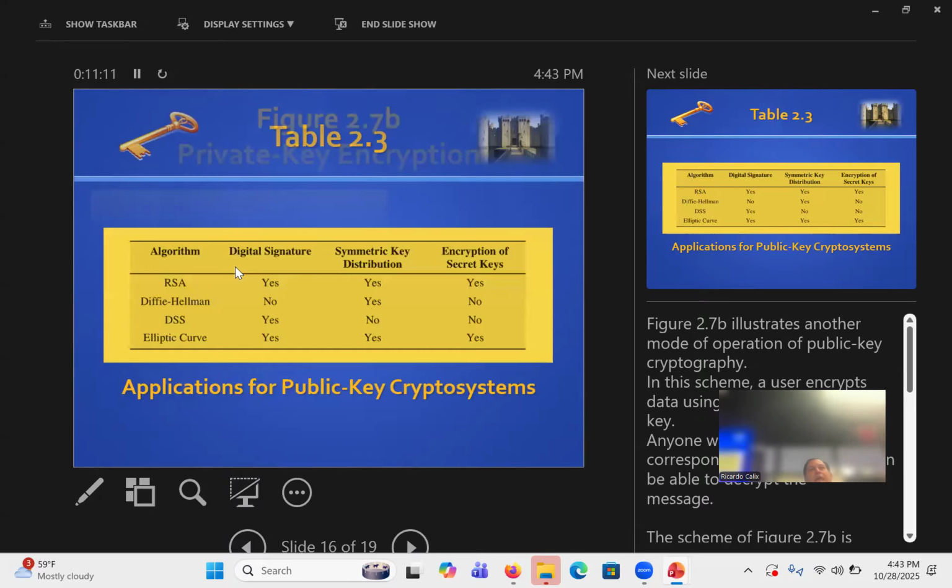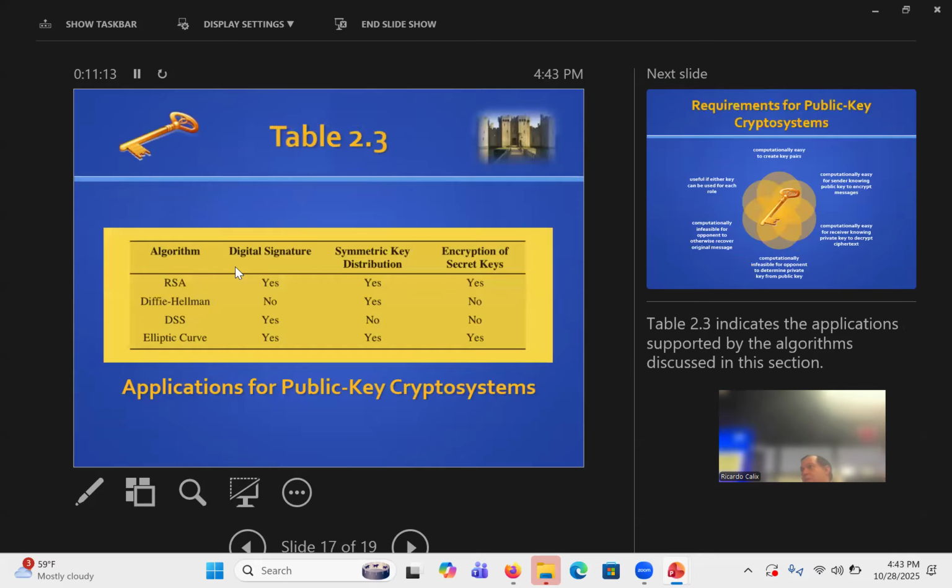All right, so here are now the three asymmetric algorithms. We've spent most of our time so far with RSA, as far as algorithm descriptions, but we'll be moving next to Diffie-Hellman. I will skip DSS, but we will cover a little bit of elliptic curves as well.